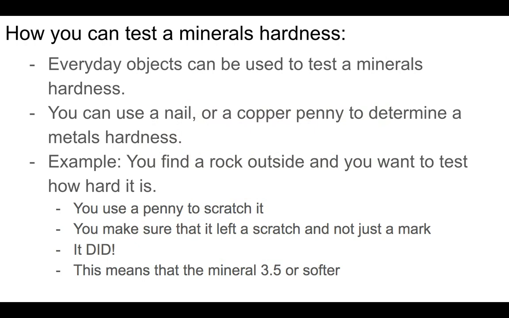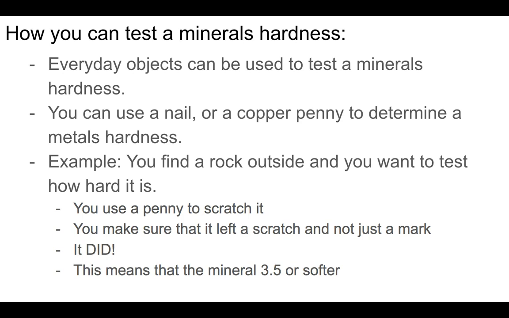Everyday objects can be used to test a mineral's hardness. You can use a nail or a copper penny to determine a mineral's hardness. You can also use your fingernail, like I said before. So let's say you go outside and you want to test how hard it is. Use a penny to scratch it. You make sure that it left a scratch and not just a mark. Oftentimes, kind of like a chalkboard, right? I can use chalk and I can leave a mark on the chalkboard, but I didn't scratch it.